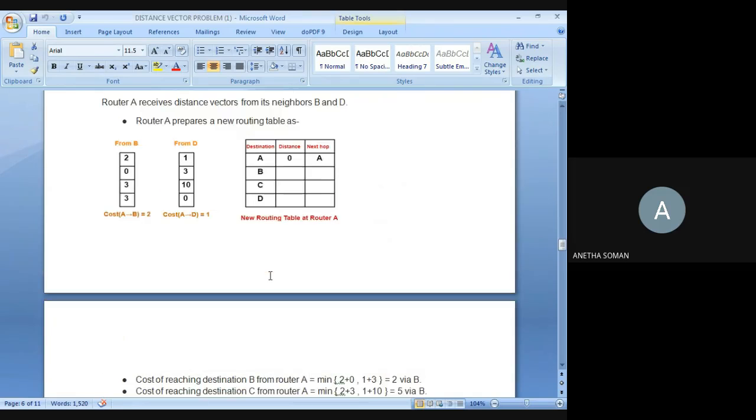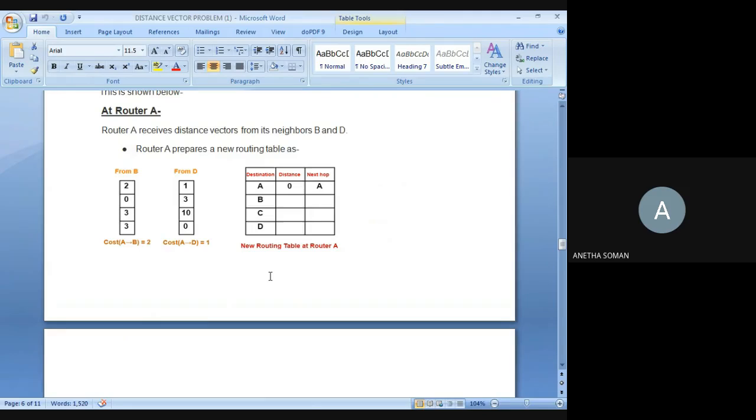Cost of reaching destination B from router A. This is equal to minimum of what all values you have to consider? A to B, you have to get it.